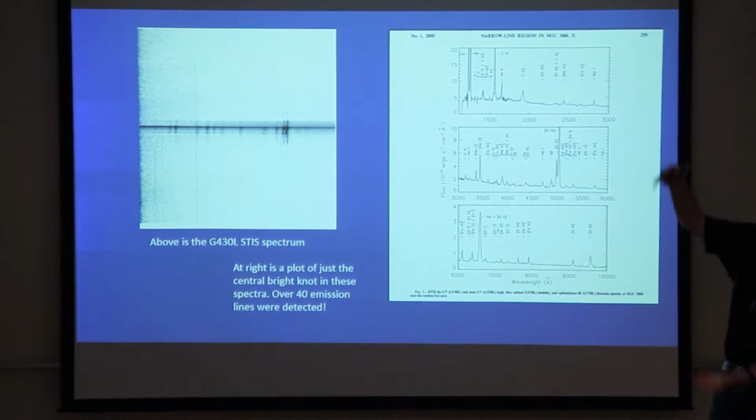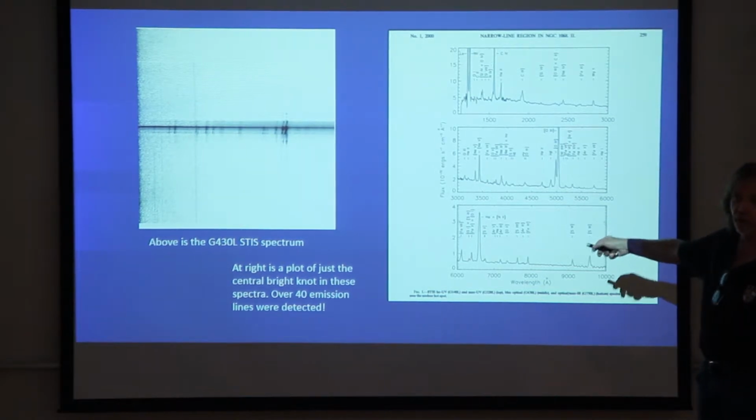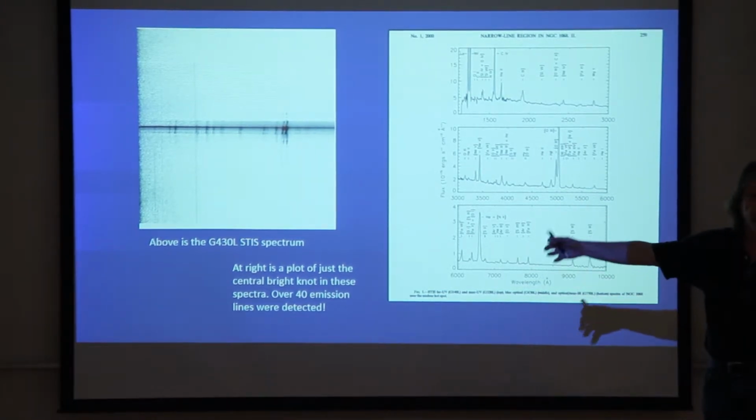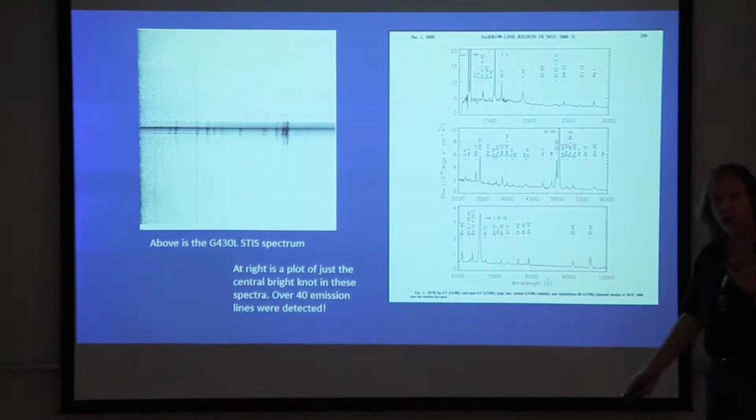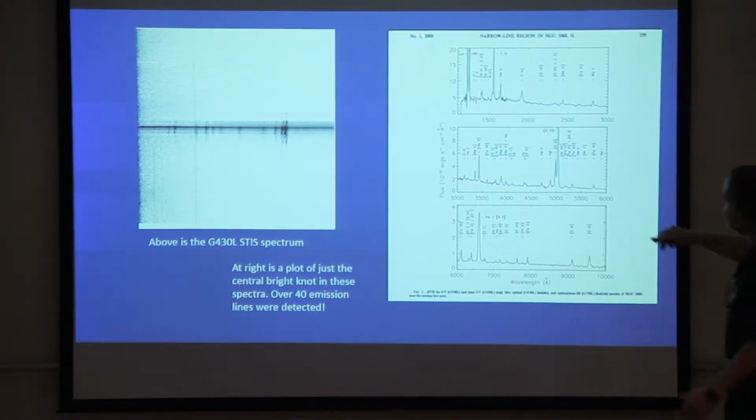And so the scale on the detector is different, but this extent is the same. The format of the detector is much wider than the other detector, but made through the same slit with a different dispersive element. This is the G430L. 430 is in nanometers what the central wavelength is for that particular grating. The 140L was 140 nanometers. So you have this. You can see the same structure here.